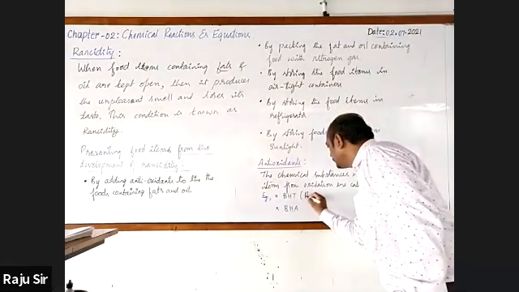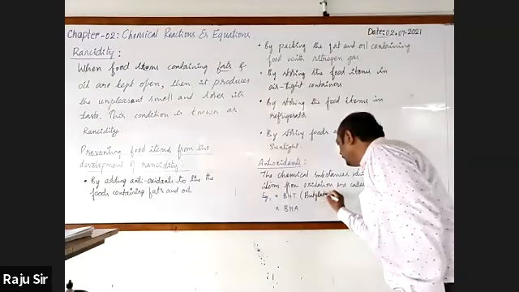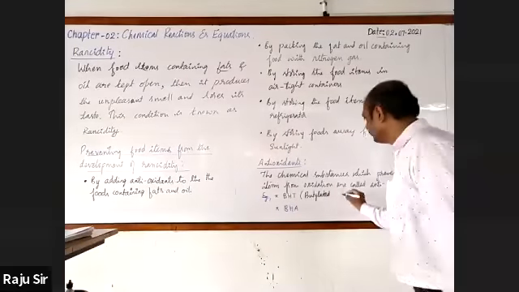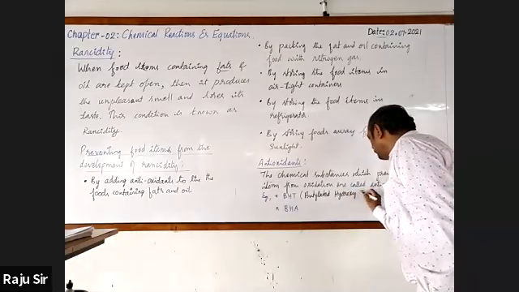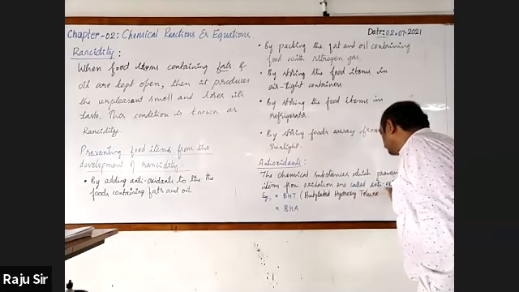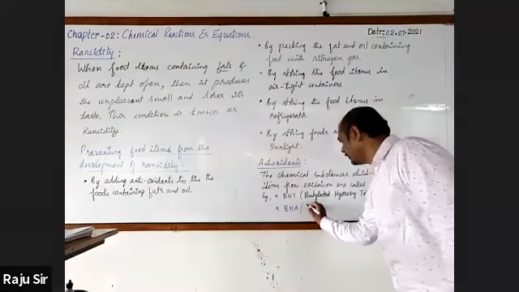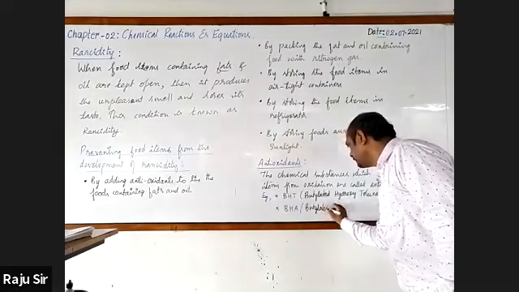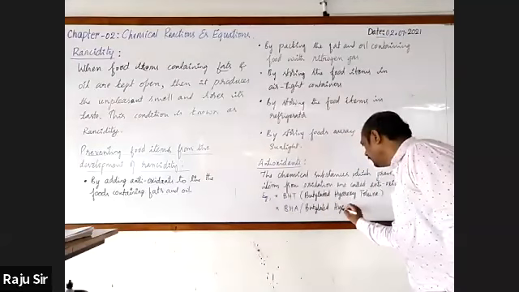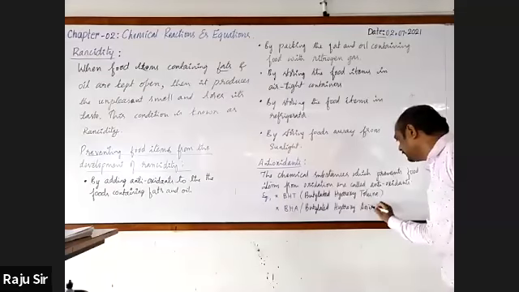It is butylated, B-U-T-Y-L-A-T-E-D, hydroxy toluene. Next, another one, BHA, it is butylated hydroxy anisole, A-N-I-S-O-L-E.